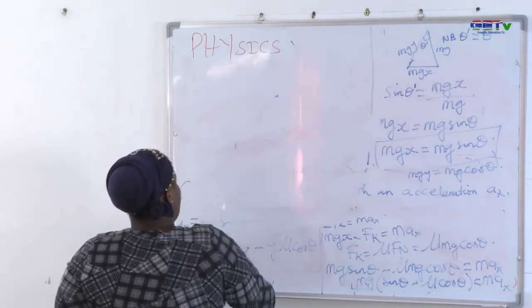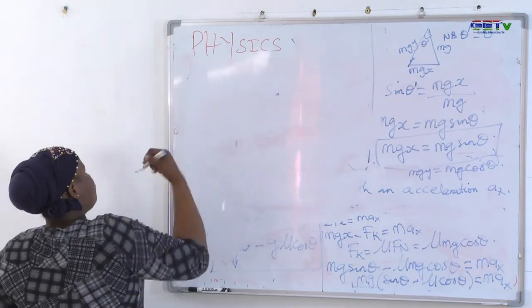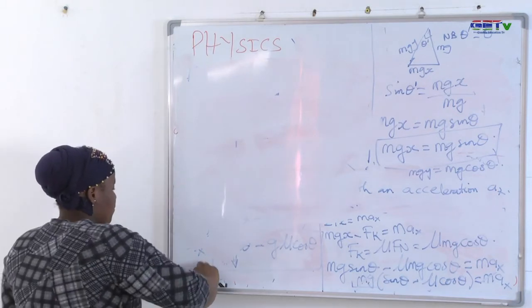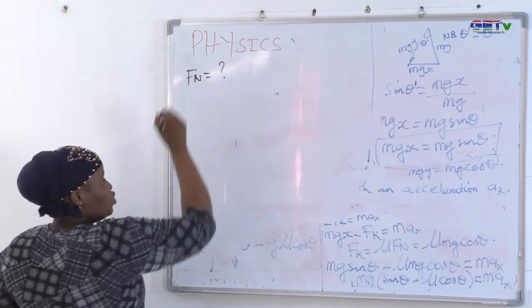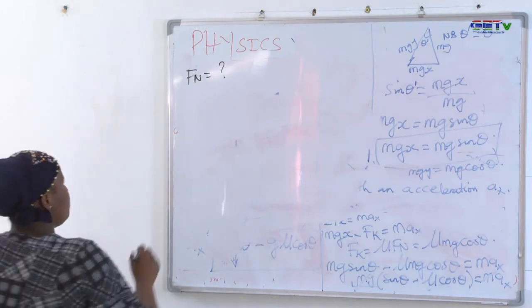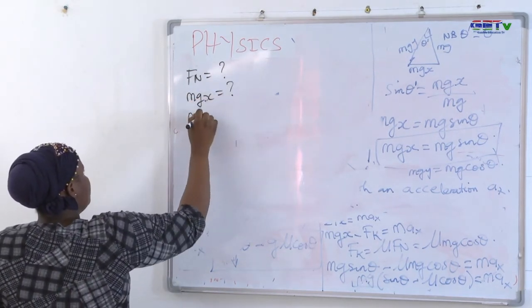The first one says determine the magnitude of Fn. We don't know it, so we give it a question mark. What else? The x and y components of the gravitational force. That is mg of x and also mg of y.